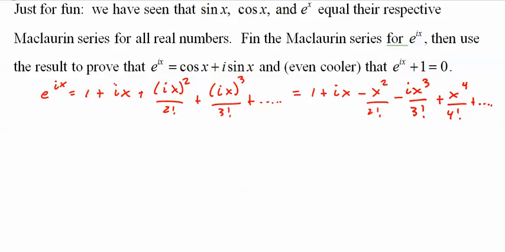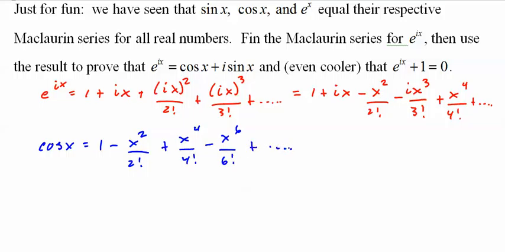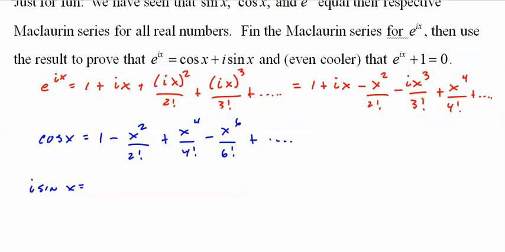Now, this proves that cosine x plus i sine of x, because cosine of x is 1 minus x squared over 2 factorial plus x to the fourth over 4 factorial minus x to the sixth over 6 factorial, dot, dot, dot, and i sine of x equals ix minus ix to the third over 3 factorial plus ix to the fifth over 5 factorial, dot, dot, dot.